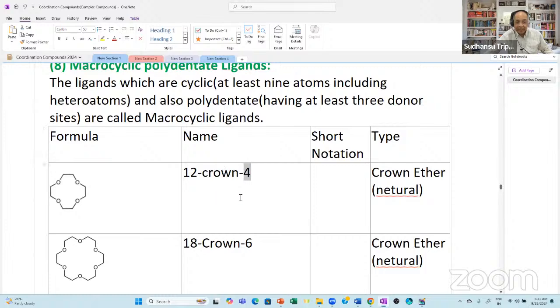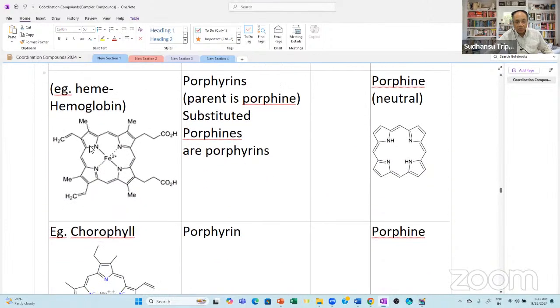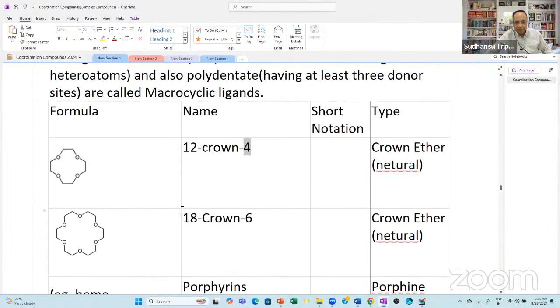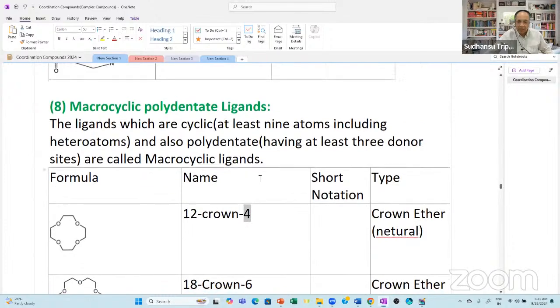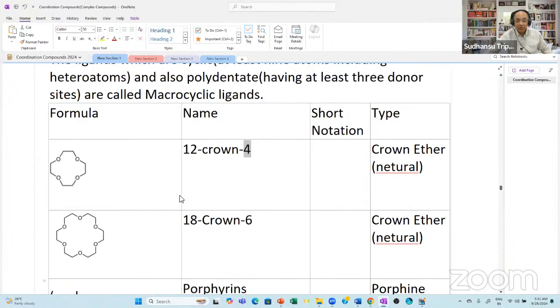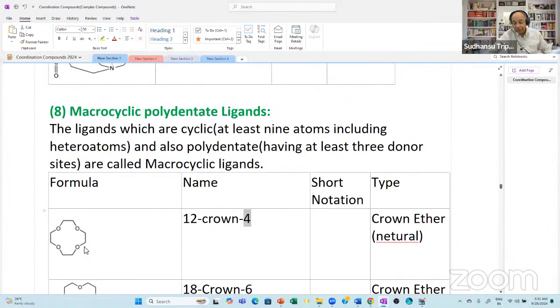So these are macrocyclic ligands, and here also we get multiple rings. These are macrocyclic complexes, because the ligands are themselves cyclic. So they will produce more cyclic rings, and the stabilizing effect will be much more than the mere chelates formed out of acyclic polydentate ligands.